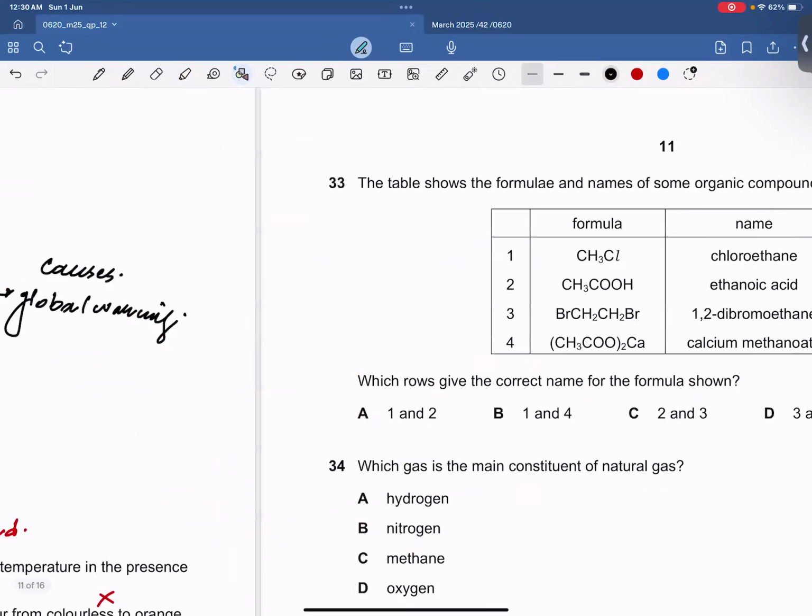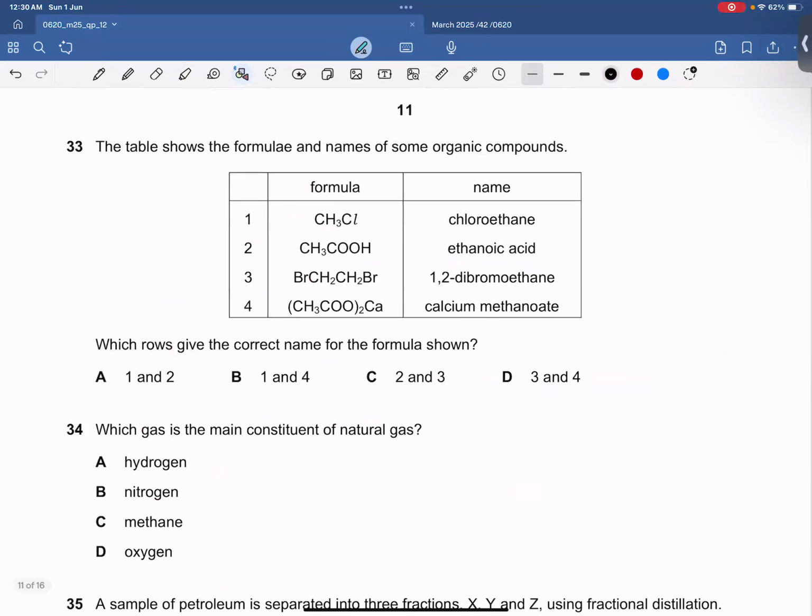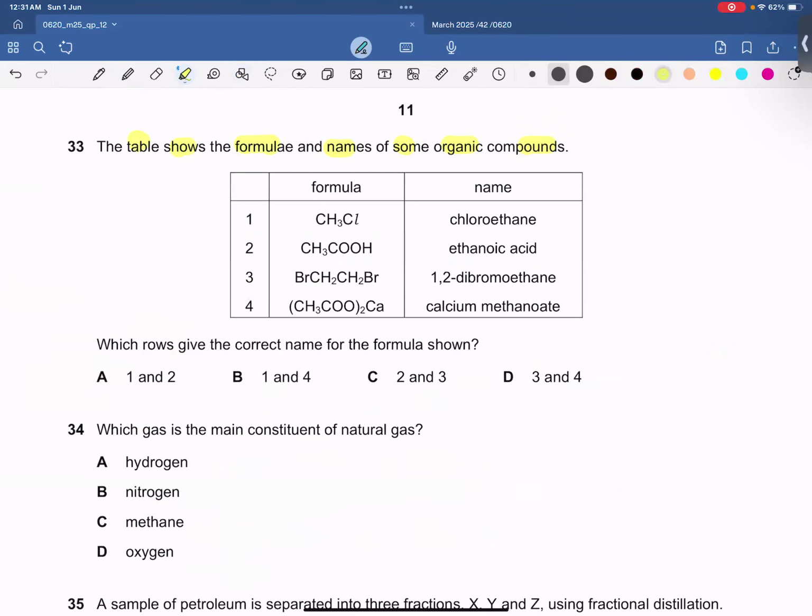Question 33. The table shows the formula and name of some organic compounds. That's called chloro. Let me write it down. That's chloromethane because we have only one carbon. He's saying chloroethane, which means incorrect. This is ethanoic acid. That's right. This is 1,2-dibromoethane. That's true.